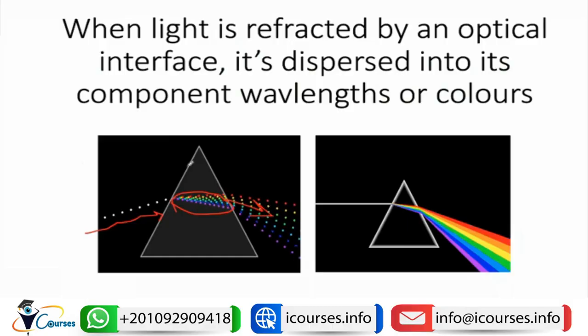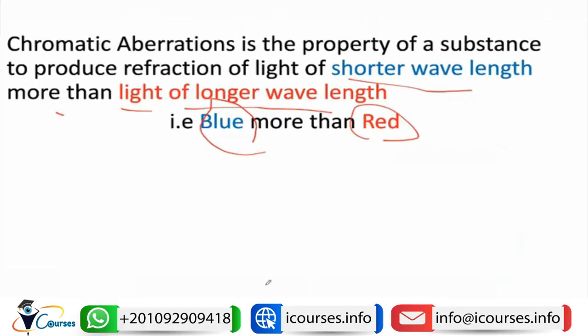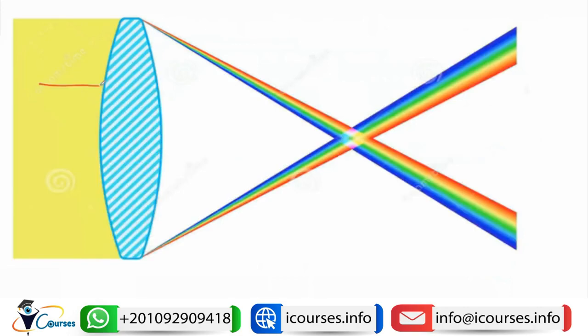So we have a white light, and this white light is now producing images of different colors. As you can see here, this is the white light entering into this lens, and the lens will cause dispersion of this light.